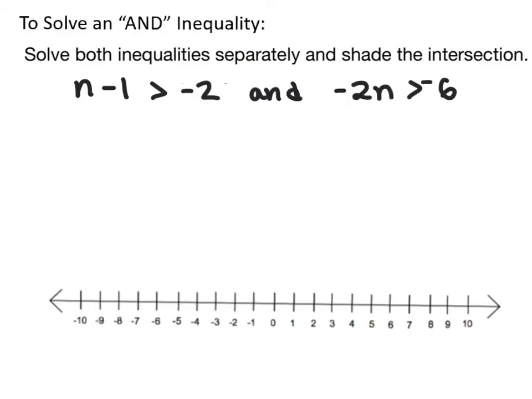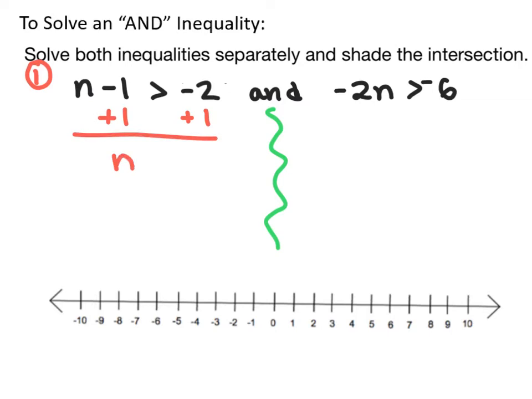So if I want to solve an and inequality in our first method, where they are written separately, we have to solve each inequality separately. The first one I have is n minus 1 is greater than -2. To solve for n, I would add 1 to both sides. So I'd have n is greater than -1.